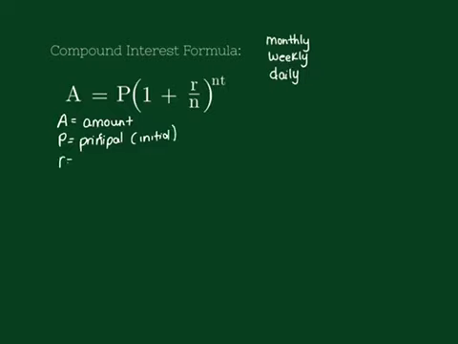R is the interest rate. Now, we'll talk about this a lot in all these examples, but we have to turn our interest rates into a decimal. Remember, we can never work with percents in percent form. N is the number of times interest is compounded in 1 year.